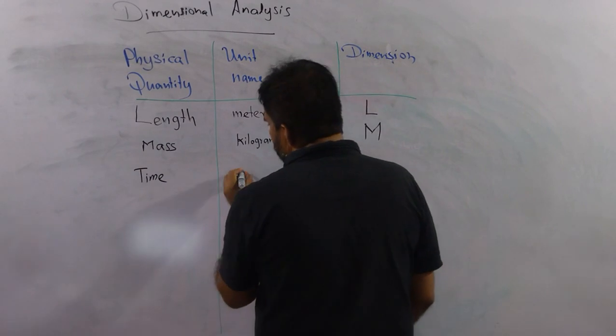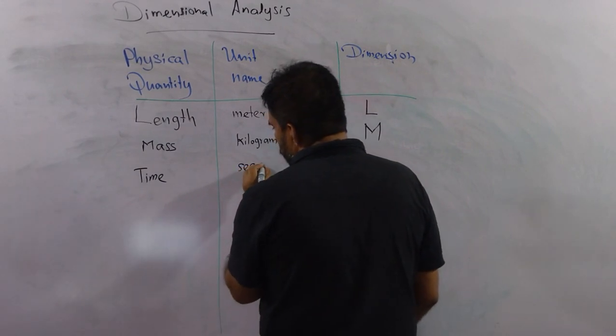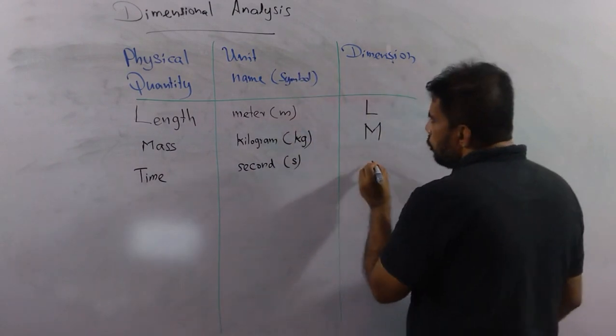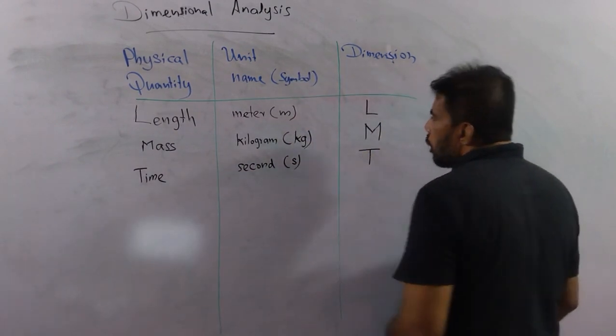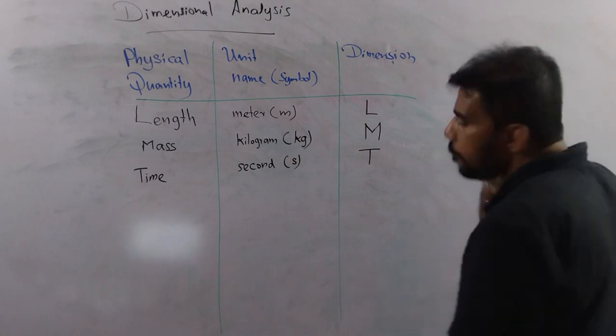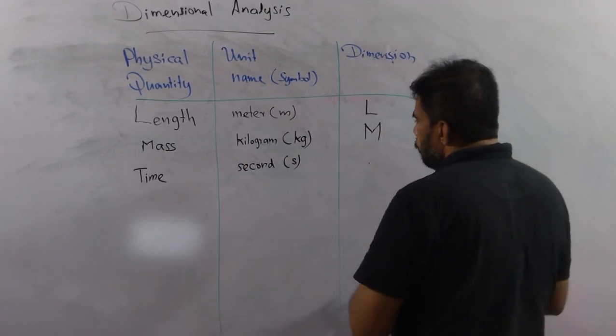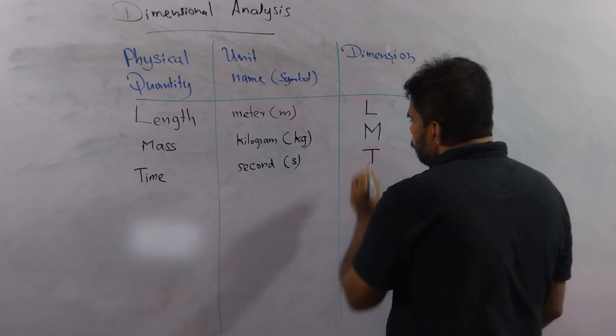The fundamental unit for time is second, and its symbol is s, and the dimension for time is capital T. Right.